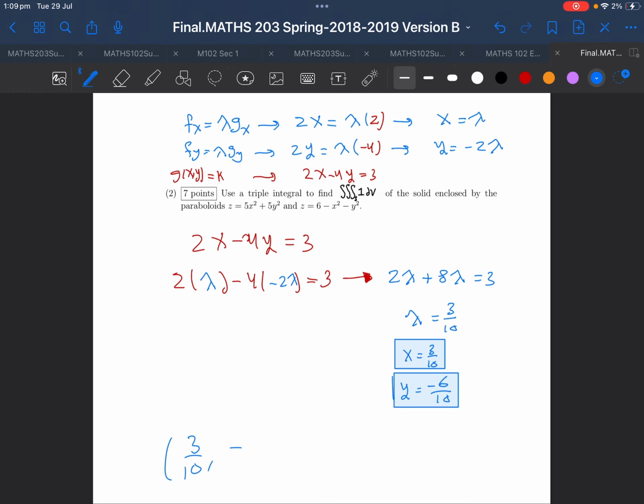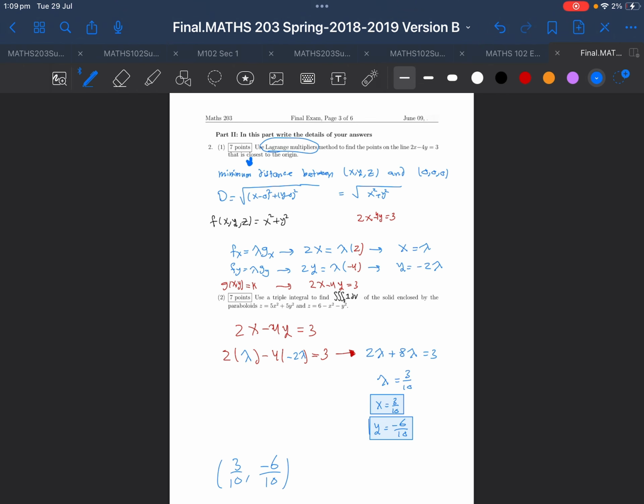So the point is 3 over 10, negative 6 over 10. That's the point. Of course, what we would normally do is make the table and find the maximum and minimum. Because it's a distance, we're only looking at the minimum distance, and that is the point.